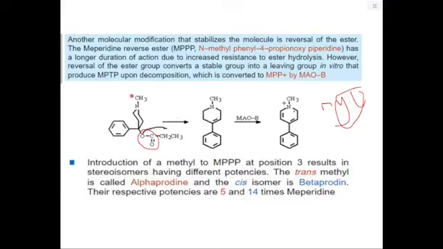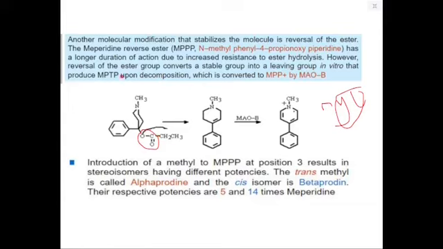So N-methyl, and then at position number 4 you have propionoxy, and then, of course, piperidine is the name of that compound. We are saying that compound has a longer duration of action due to increased resistance to ester hydrolysis. So the reverse ester is more stable to ester hydrolysis.